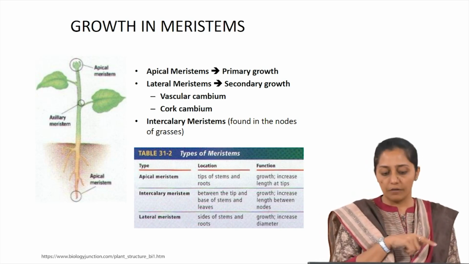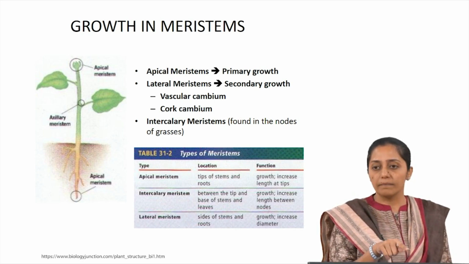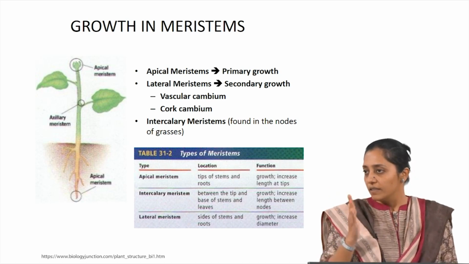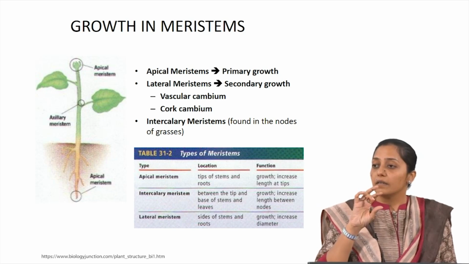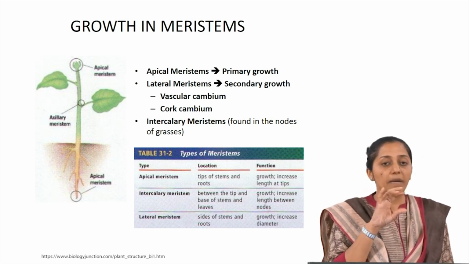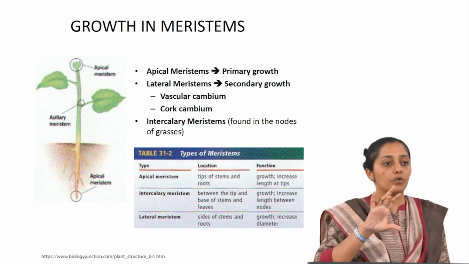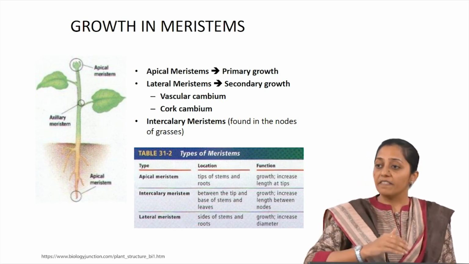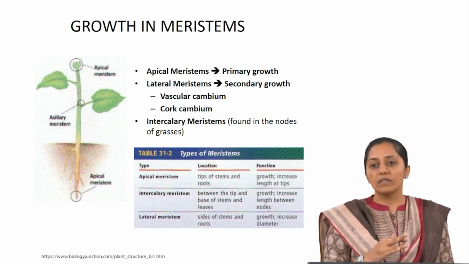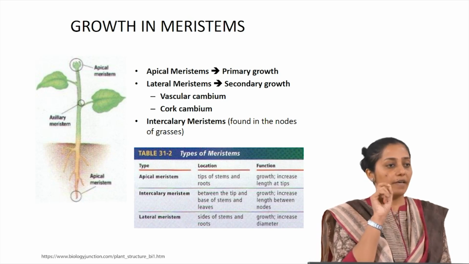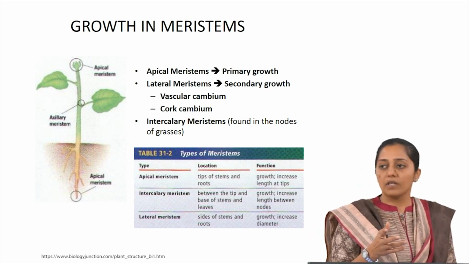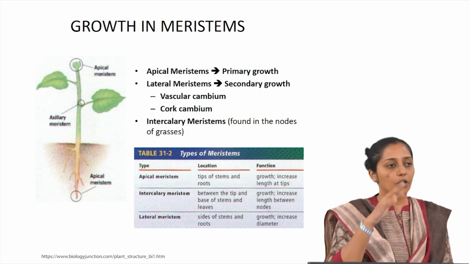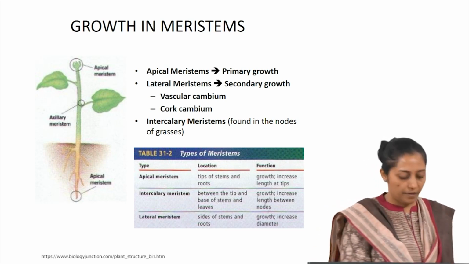Growth in meristems, as I was telling you, the apical meristem, then the lateral meristem is at the internodes or nodal, and there are rapid meristematic regions even between the nodes which help in lengthening the internode. Depending on wherever this meristem region is present, they support either the elongation of the plant or the increase in secondary growth.